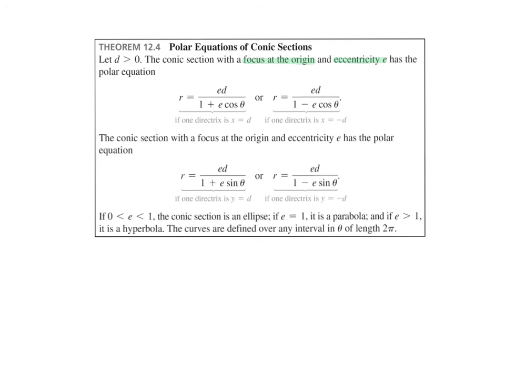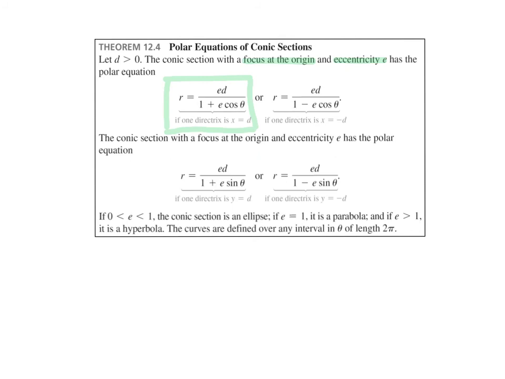The first polar equation, remember the polar equations are r equal to, that's going to be e times the directrix d over 1 plus e times cosine of theta. Again, this is not the exponential e, this is eccentricity times cosine theta. If you have this form of the equation, then the directrix is going to be x equal to d.